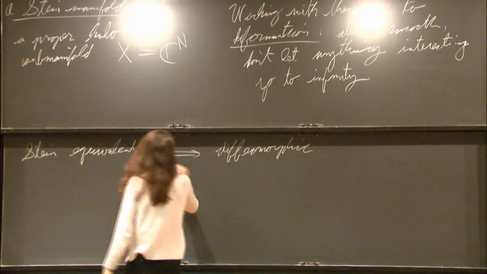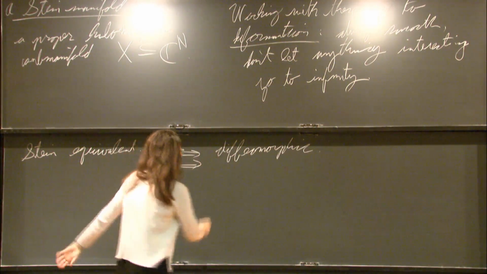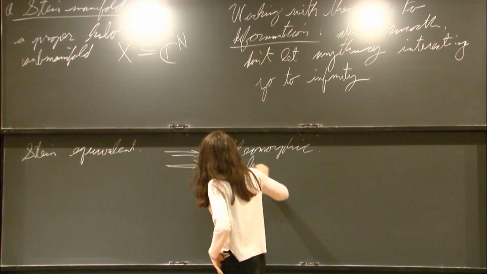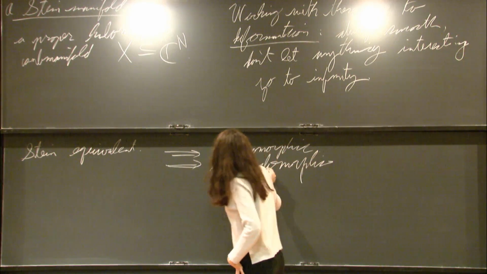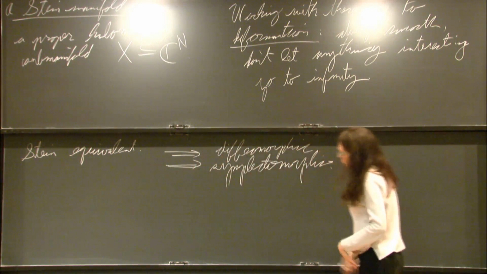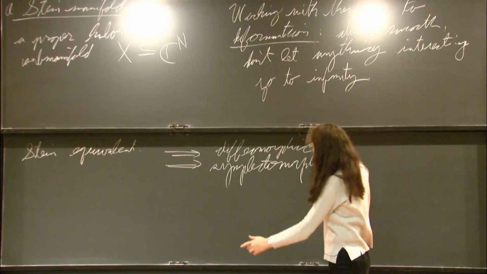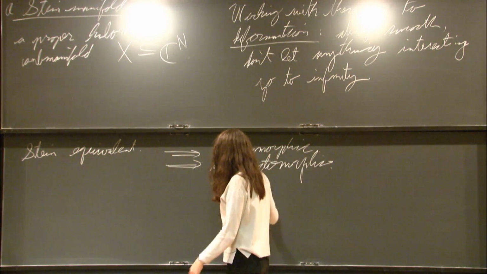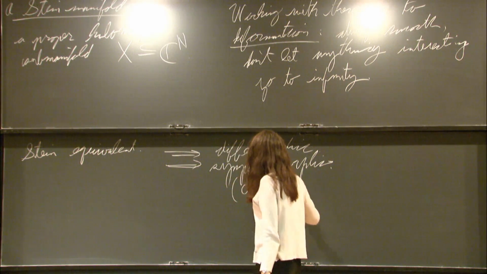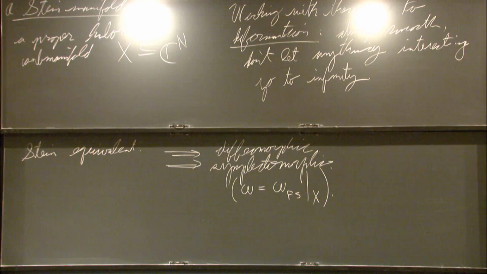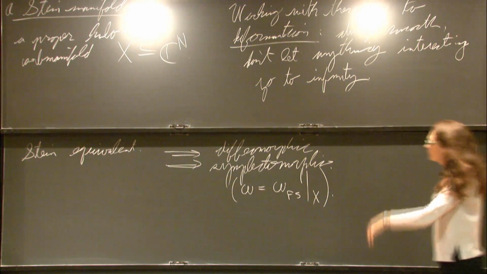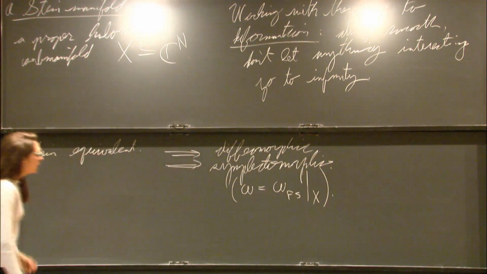This also implies, and I'm not going to try and define this, symplectomorphic. Anything like this is symplectic by taking omega equal to the Fubini-Study form restricted to X. This is essentially because symplectic structures have a sort of Moser theorem where deformation implies isotopy.